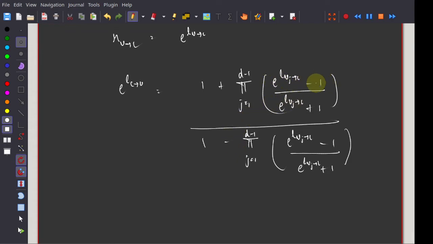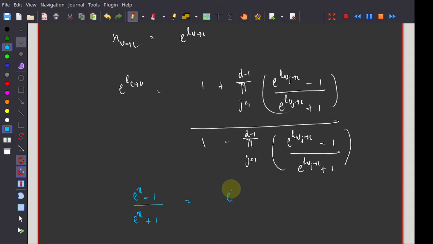We have e raised to x minus 1 by e raised to x plus 1. Does this look familiar to some function you've seen before? e raised to x divided by e raised to x plus 1, or you want it in a slightly simpler fashion, suppose I divide both the numerator and the denominator by e raised to x by 2.